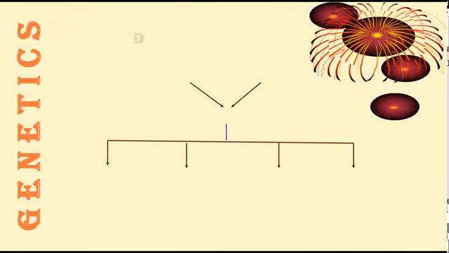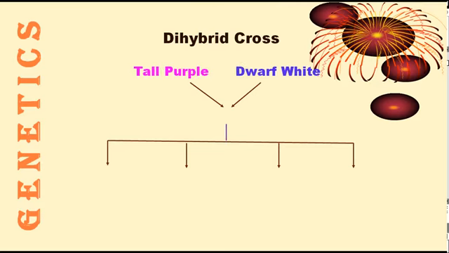Now, in the experiment, there are two possibilities. The parental generation has a plant tall with purple flower, both dominating characters, and another plant dwarf with white flowers, and these two are recessive characters.